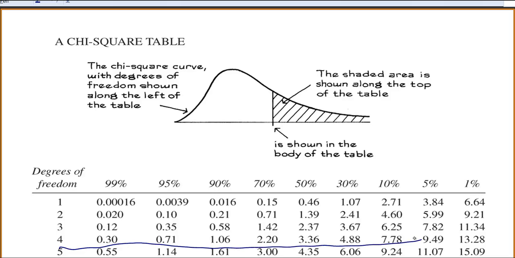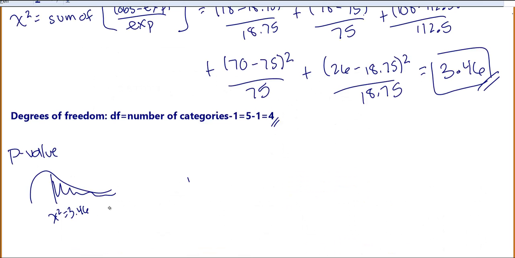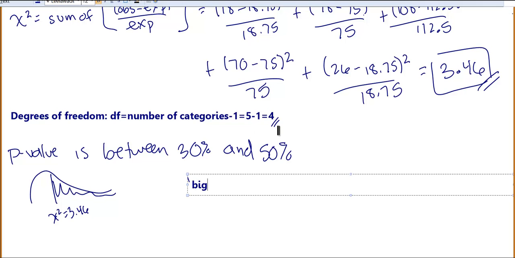We were looking for the number 3.46. That's somewhere in between those two values. So my area is between 30 and 50%. So my p-value is between 30% and 50%. So that is a big p-value.